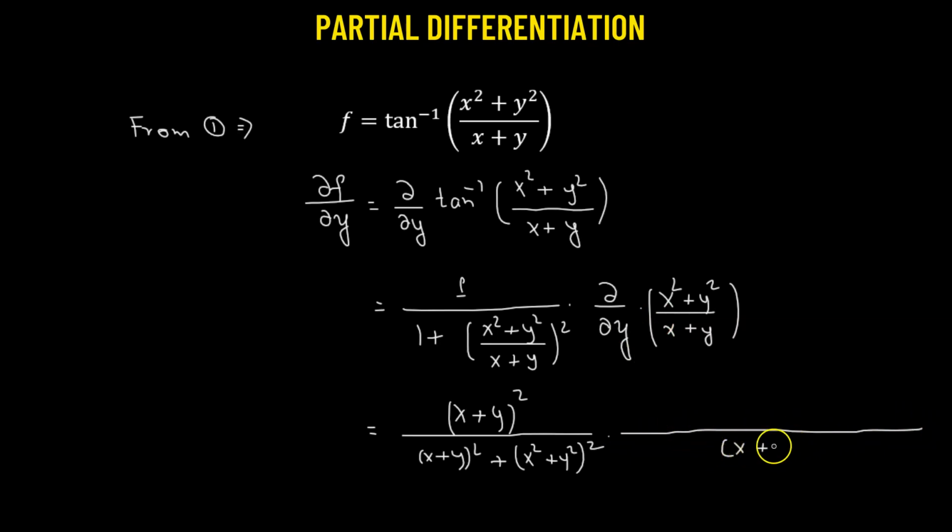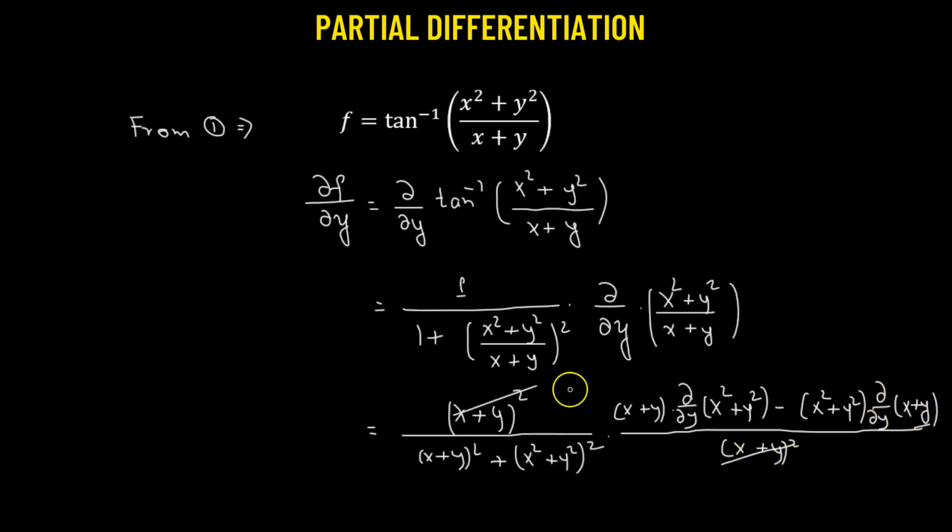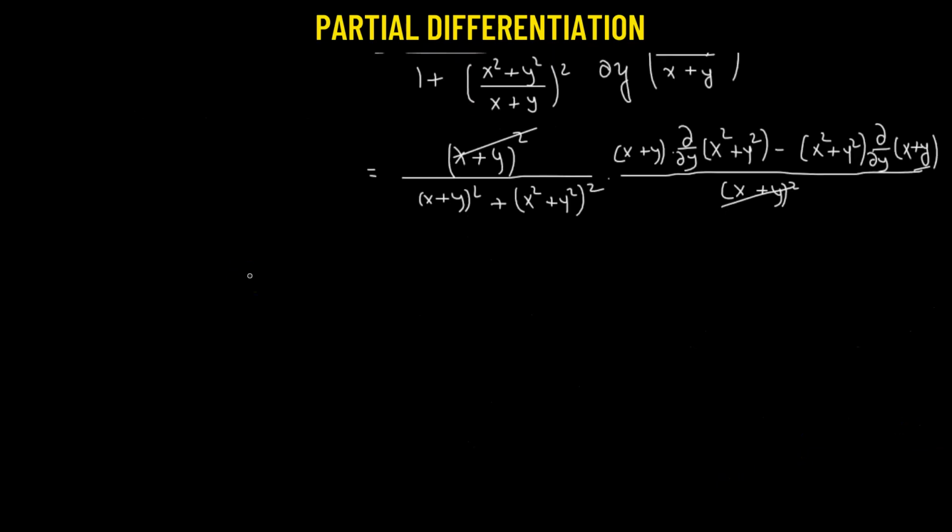We have x plus y whole squared in the denominator. In the numerator, we have x plus y multiplied by the partial with respect to y of x squared plus y squared, minus x squared plus y squared multiplied by the partial with respect to y of x plus y. So here, the denominator and the numerator cancel out.